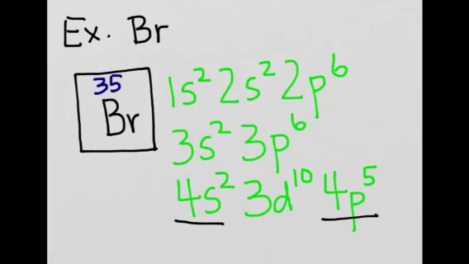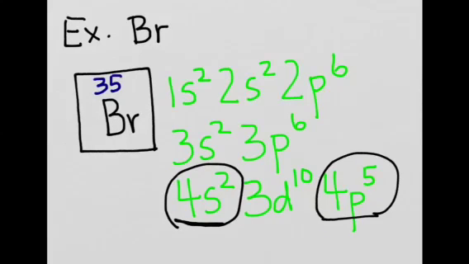And so these electrons that are in the 4s2 orbital, and these electrons that are in the 4p orbital combine to become the valence electrons for bromine. And so we see that bromine has 2 plus 5, or 7 valence electrons.